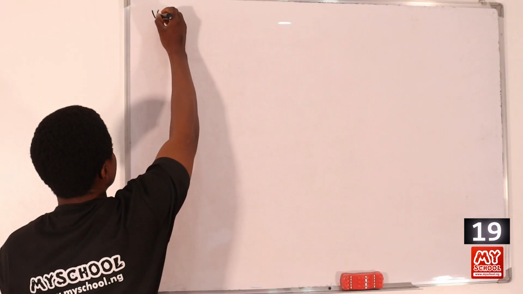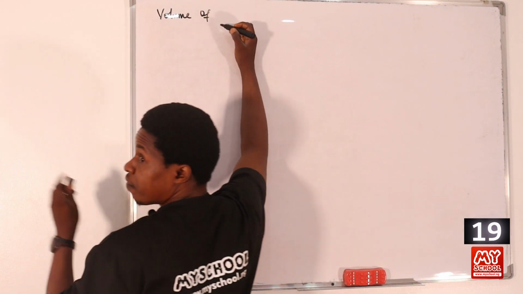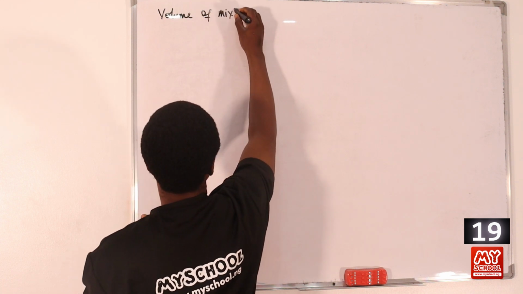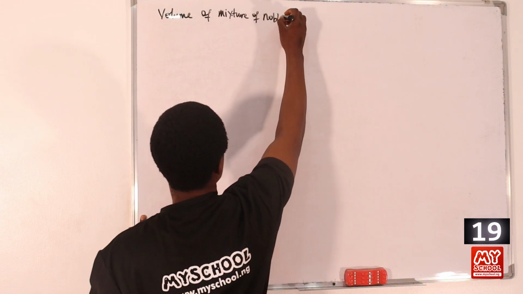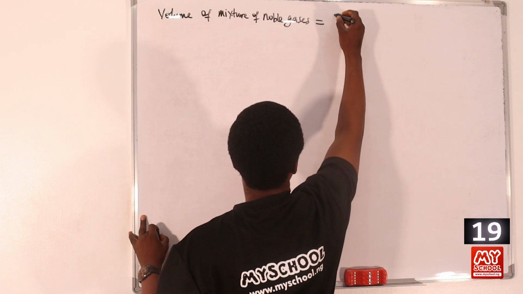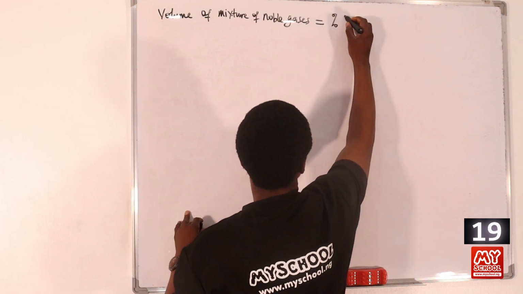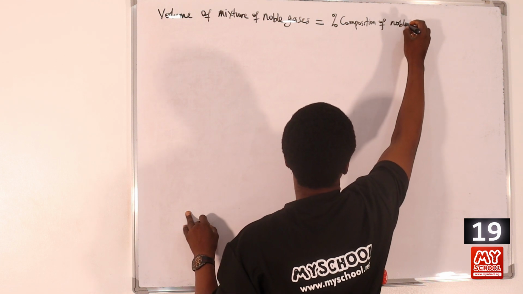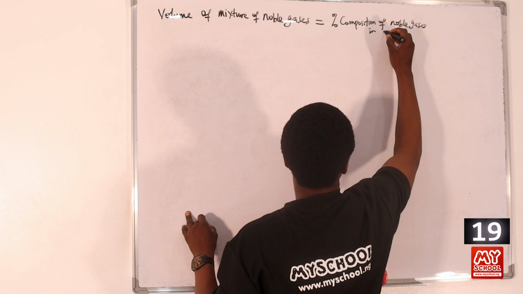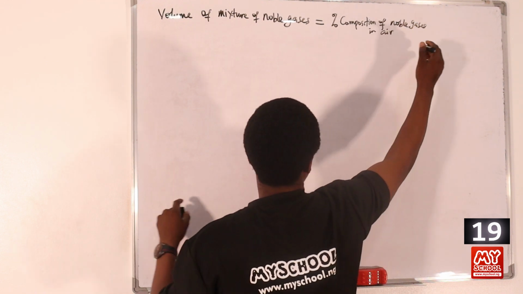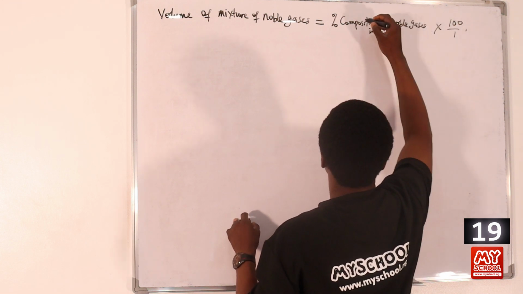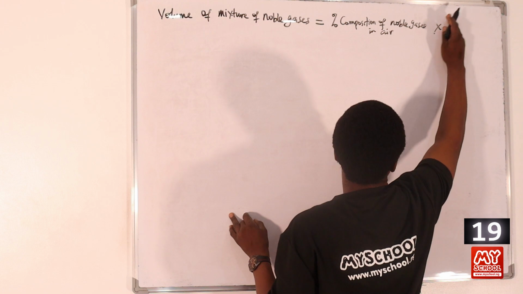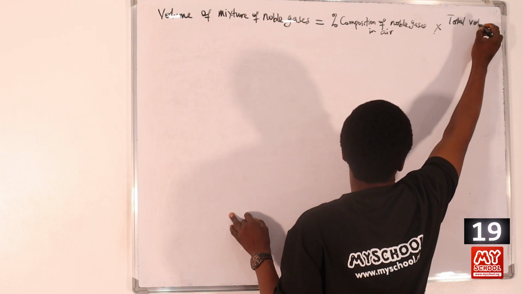We have the volume of the mixture of noble gases, which will be equal to the percentage composition of the noble gases in air as a mixture, multiplied by the total volume of the mixture of air.